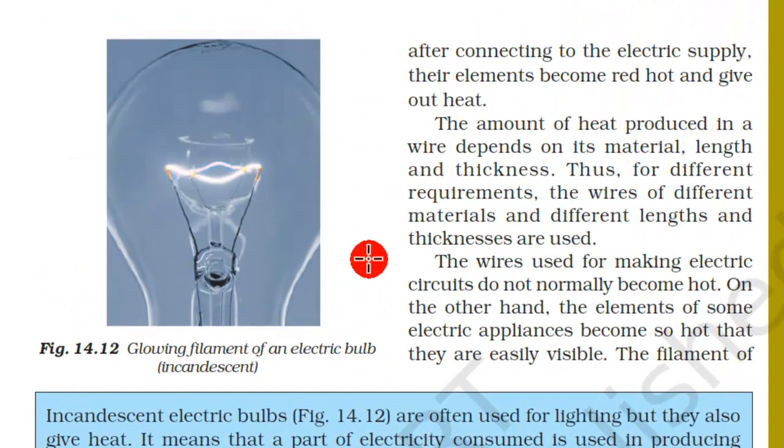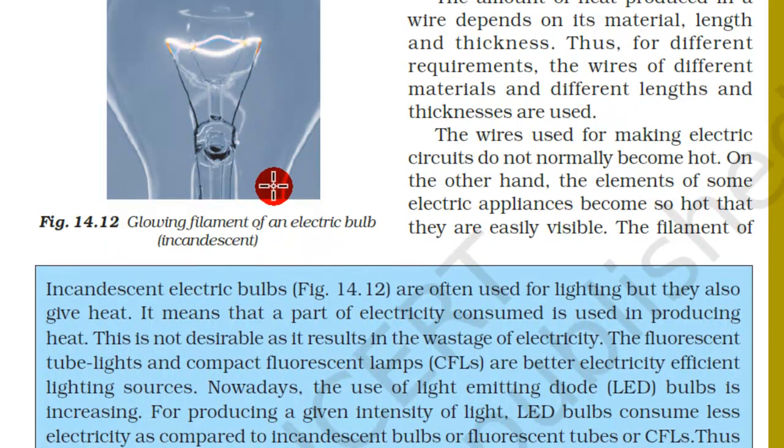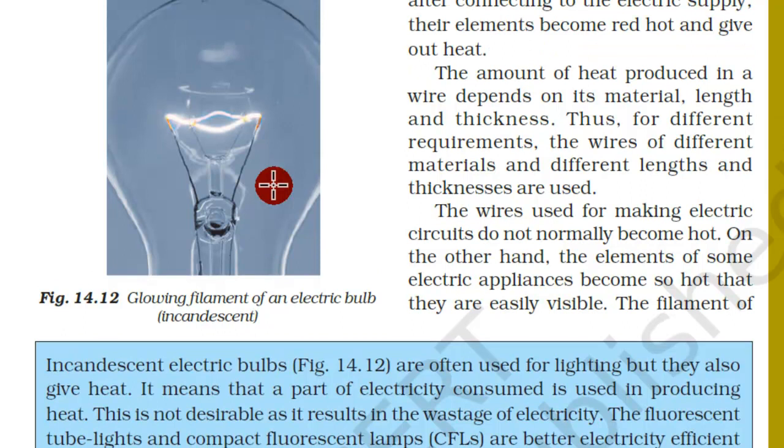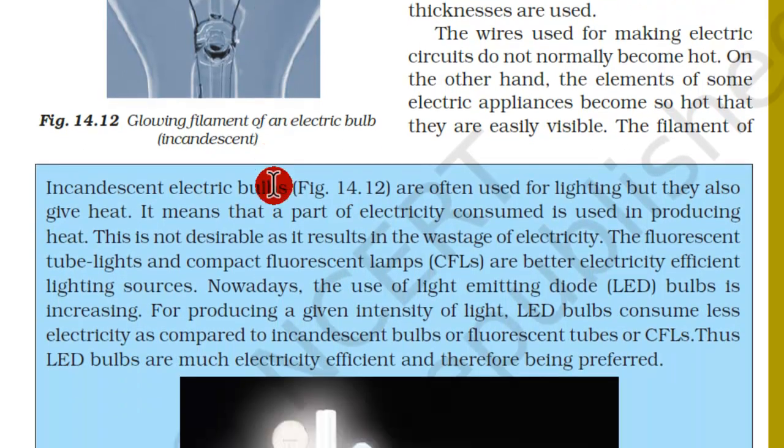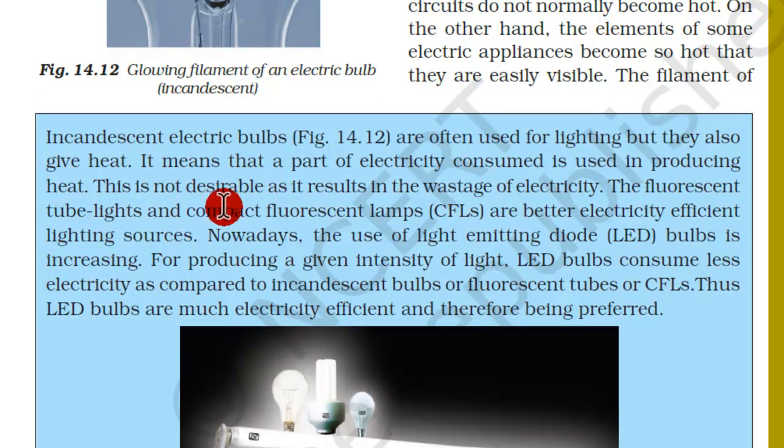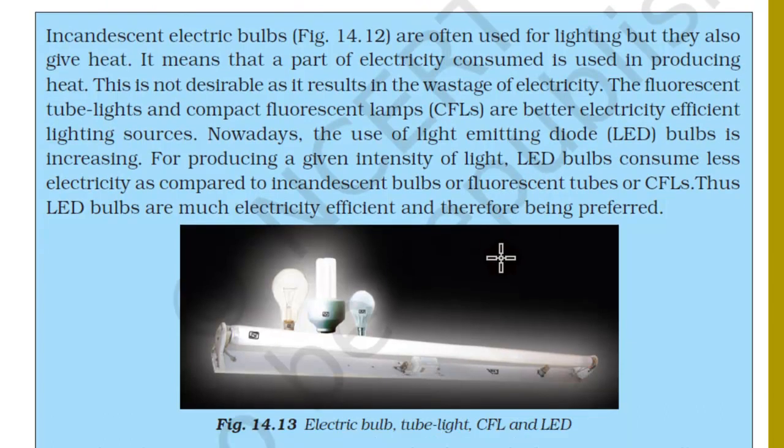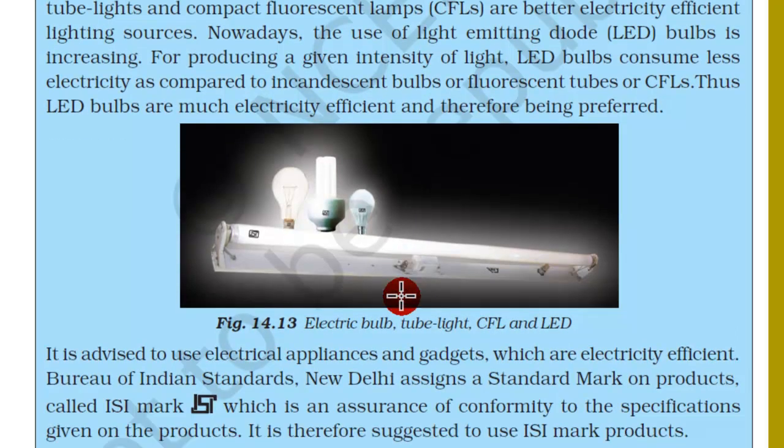The electric bulb which we see here consumes a lot of electric energy. So instead of this type of filament bulb, we use the tube light and compact fluorescent lamps. But nowadays, instead of these, we use the LED, which is the light emitting diode, which consumes less electricity, so that we can save electricity.